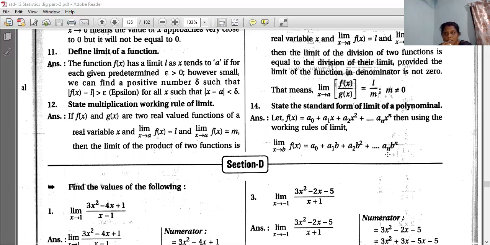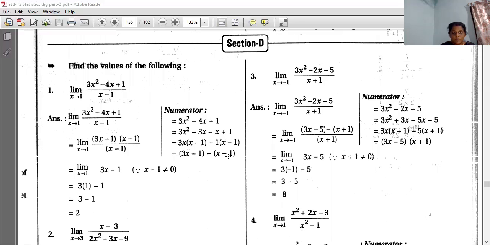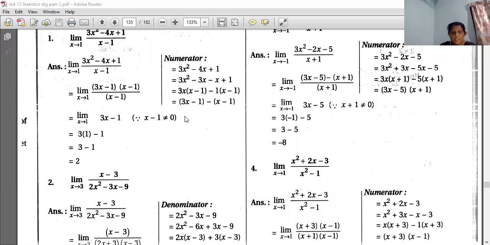Now we will see section D. In section D, a few sums also I have explained. Question number 1, 2, 3, I have explained.